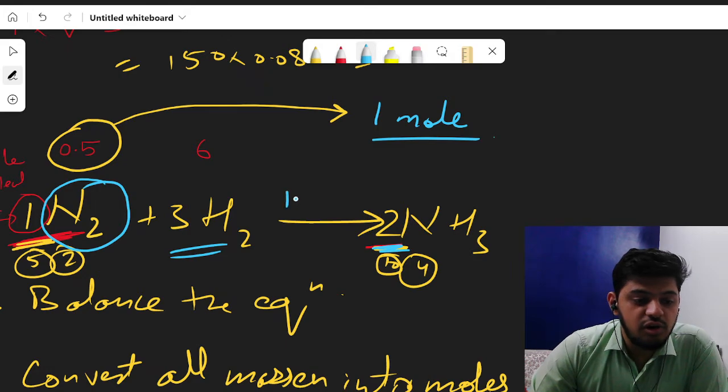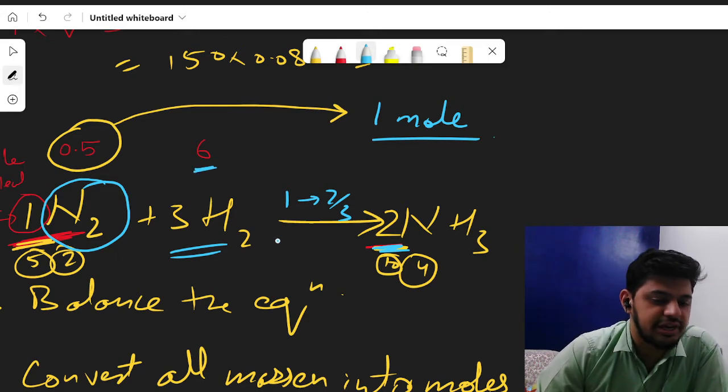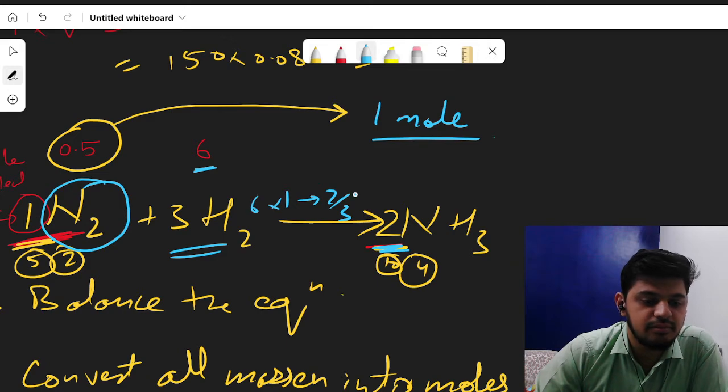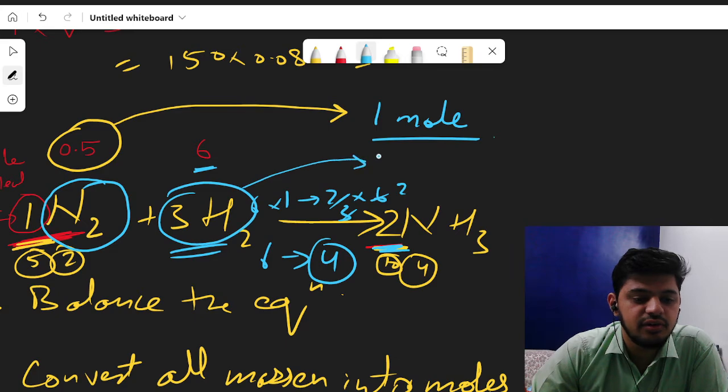If 1 mole of hydrogen is making 2 by 3 moles of ammonia, now I have 6 moles here. So what I will do now, I will multiply both sides by 6. So 6 moles gives 4 moles. So hydrogen will give 4 moles of ammonia.